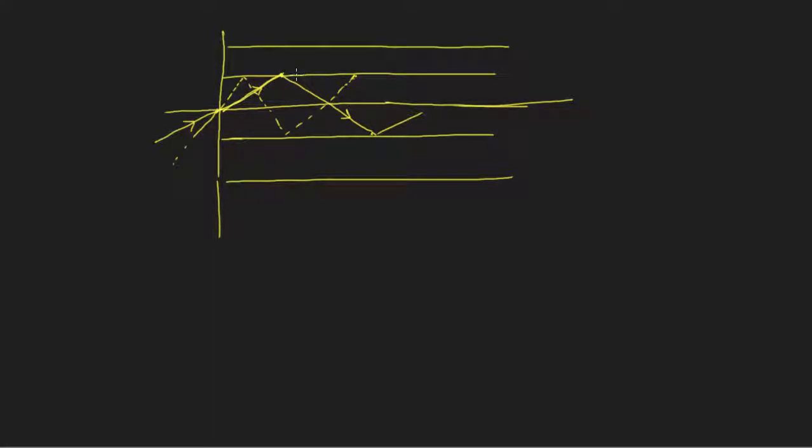So speed is same, but the optical paths they cover are different, so the time taken by different modes will be different, because time taken will be distance covered divided by speed. Because the distance is different for different modes, the different modes will travel with different time.